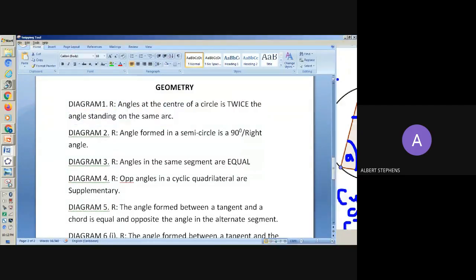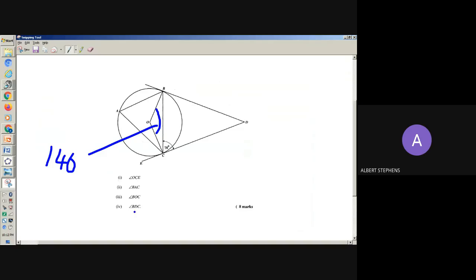Okay, continuing. The last one now, B to D to C. B to D to C. Oh, it's right here. And we said that was 70. Oh, we said that was 40, right?